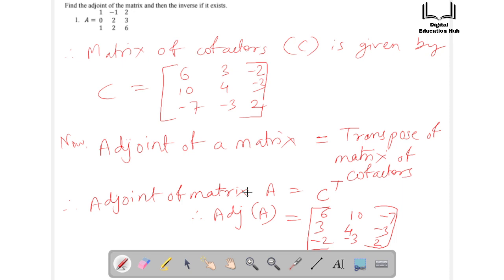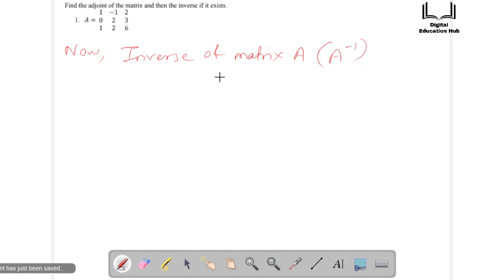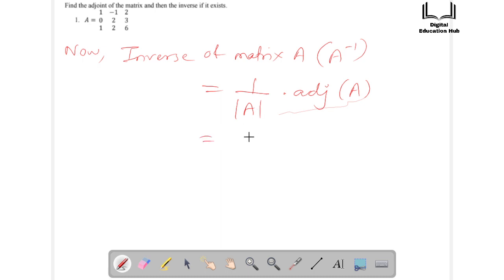So how is the inverse of a matrix written? To represent an inverse of a matrix, we utilize the A raised to minus 1 notation. The inverse of matrix A is equal to 1 upon the determinant of A into the adjoint of the matrix.